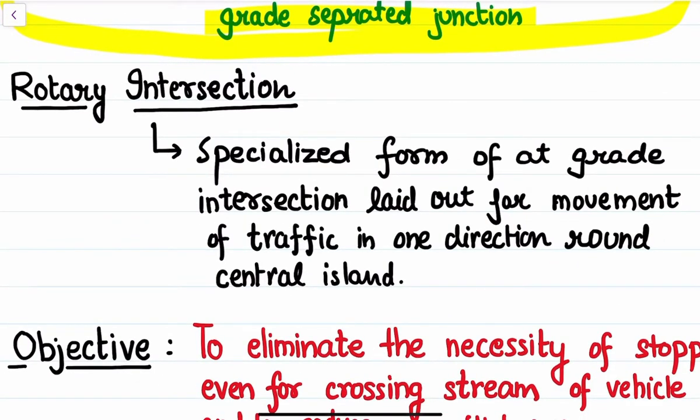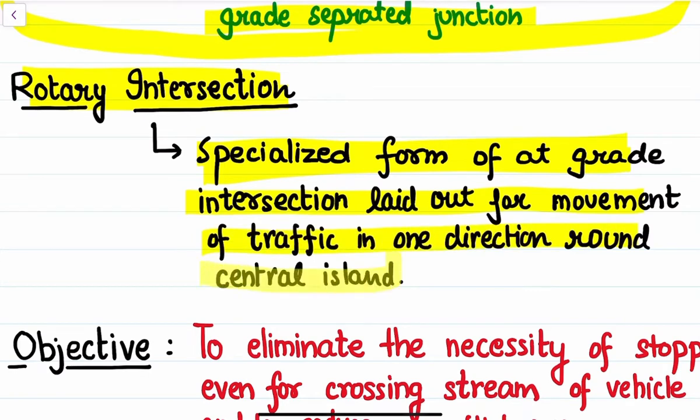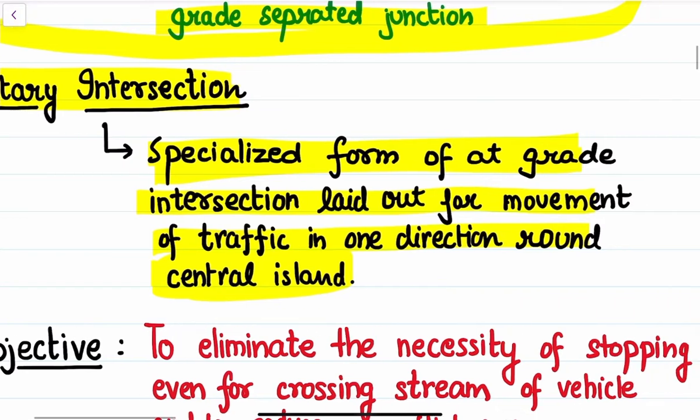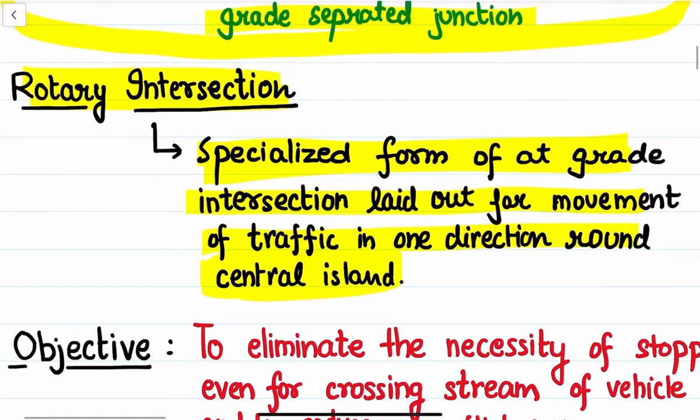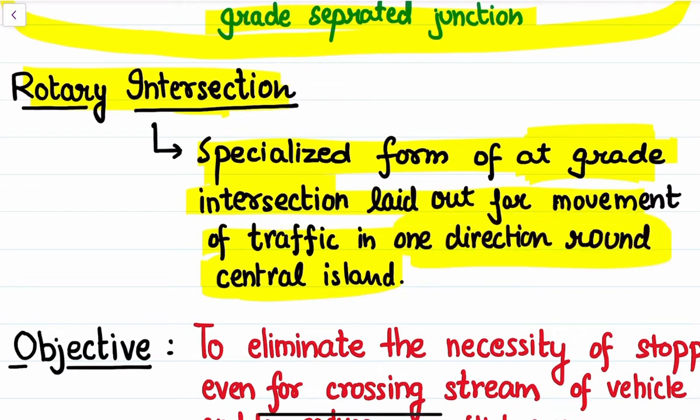A rotary intersection is a specialized form of at-grade intersection laid out for movement of traffic in one direction around a central island. First of all, the rotary intersection is an at-grade intersection where the traffic is forced to move in a certain direction along the central island.